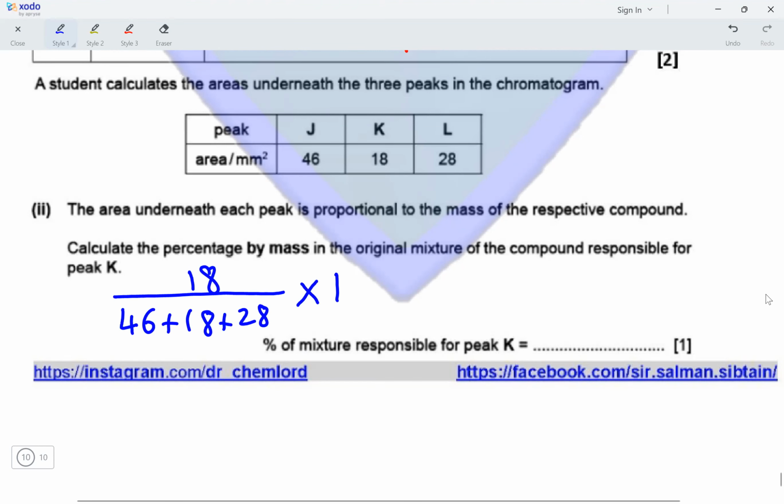Multiply this ratio by 100 to obtain a percentage value of 19.57%. This means that the percentage of K in our sample is 19.57%.